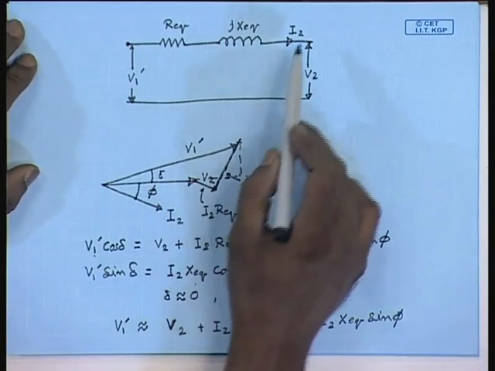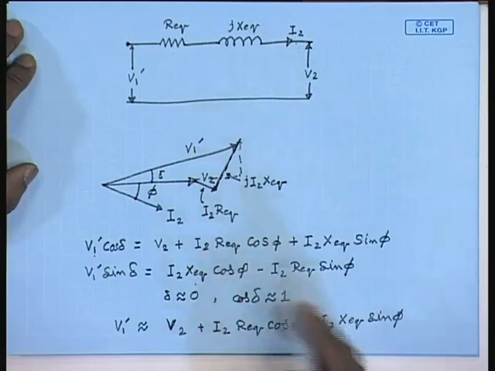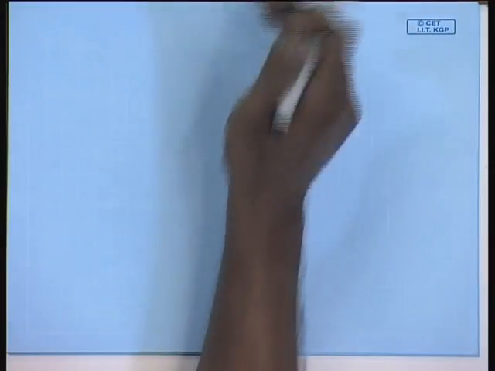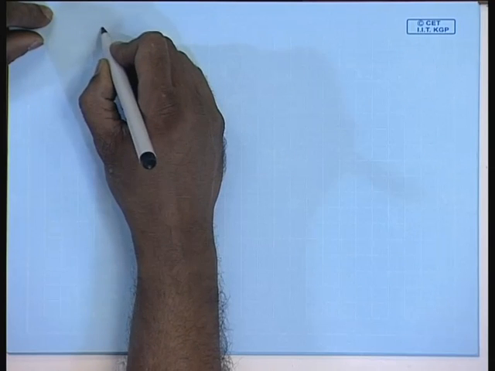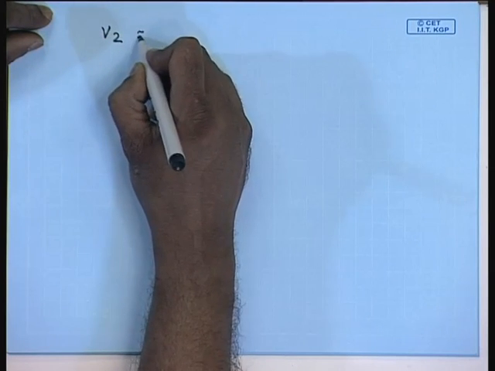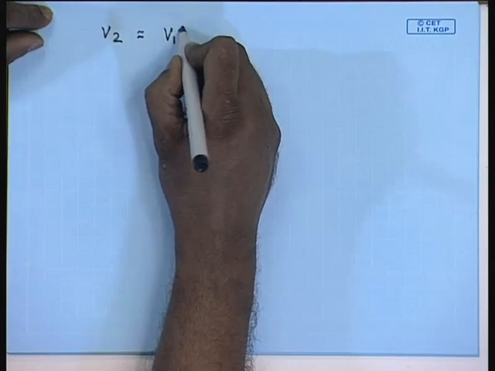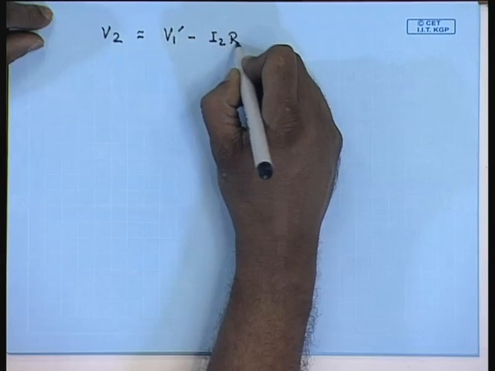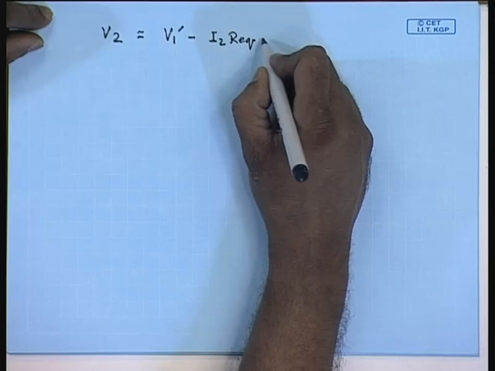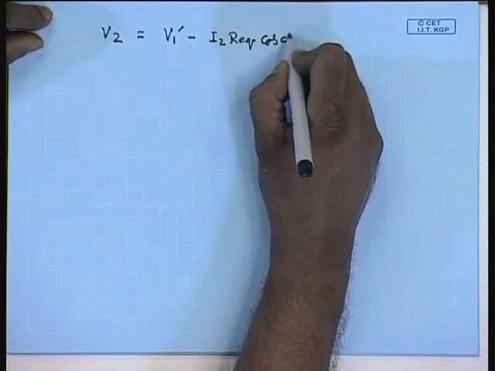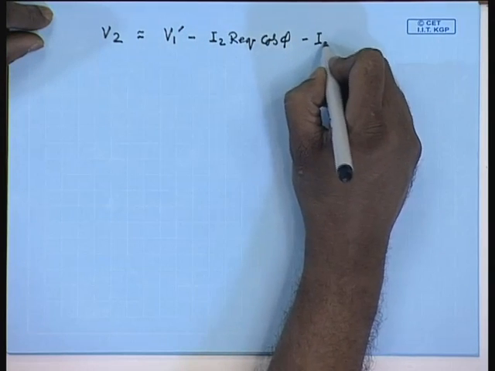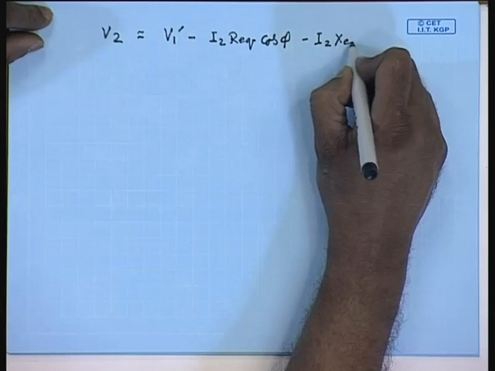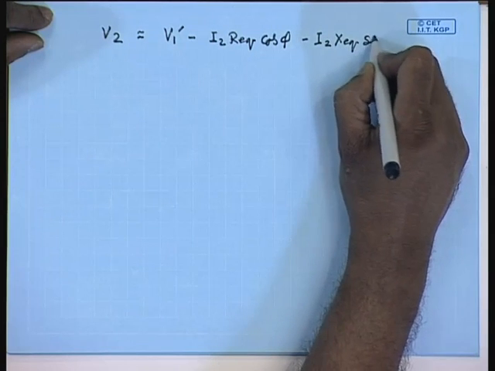So at a load current I2, the load voltage V2 is approximately equal to V1 dash minus I2 Req cos phi minus I2 Xeq sin phi.